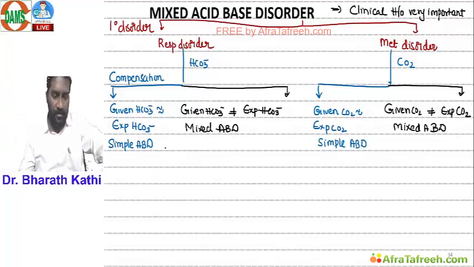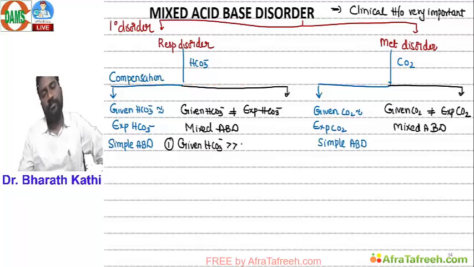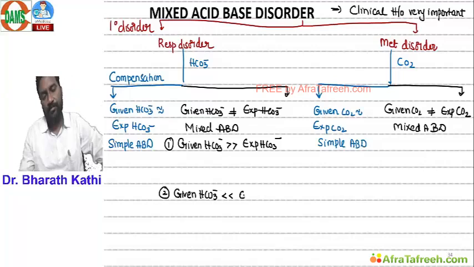So write down, possibility 1, mathematical possibility: given bicarbonate very much higher than expected bicarbonate. Possibility 2: given bicarbonate very much less than expected bicarbonate.